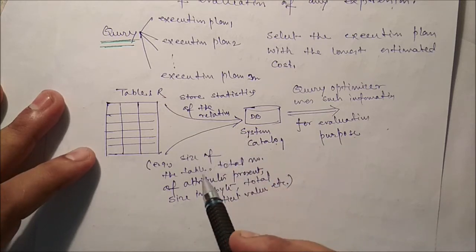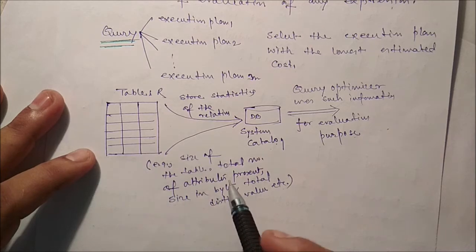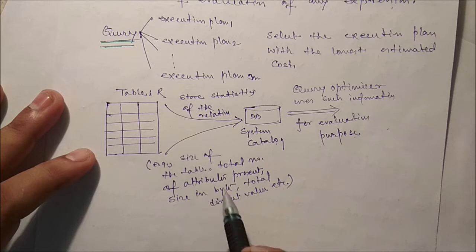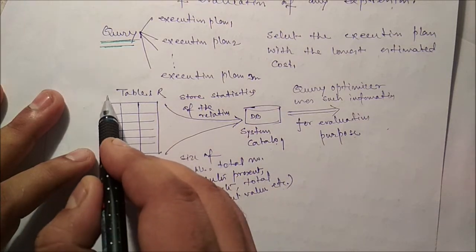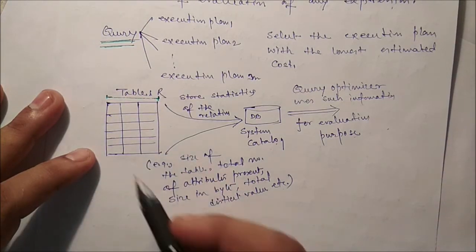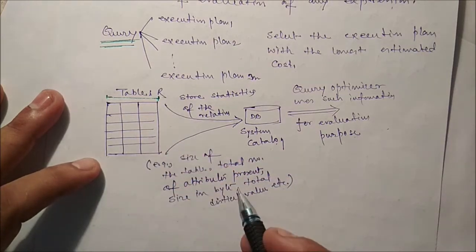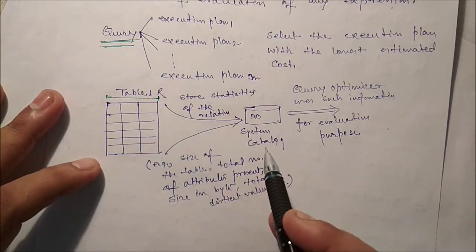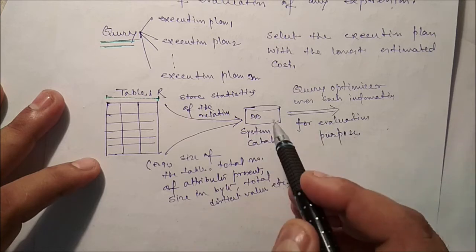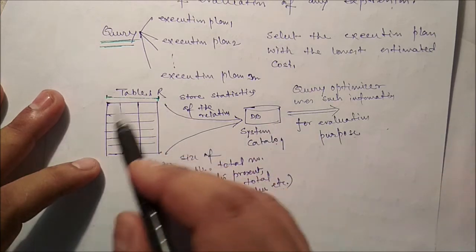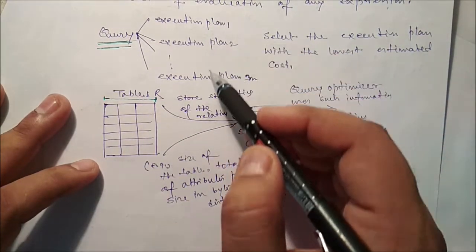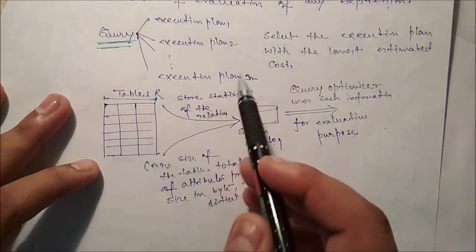Here we store statistics, for example, size of the table, how many rows are there, total number of attributes present, the size of each attribute, the size in bytes of each record, and the total distinct values present in each attribute, etc. All this information is stored in the system catalog, and the query optimizer uses such information for evaluation. So the query optimizer uses the statistics of the table to identify the cost of each execution plan and pick up the best execution plan.